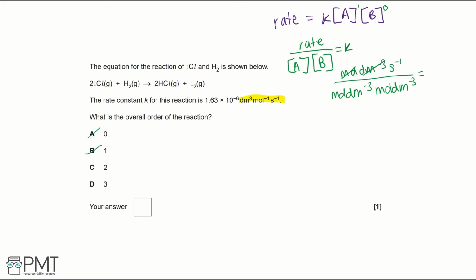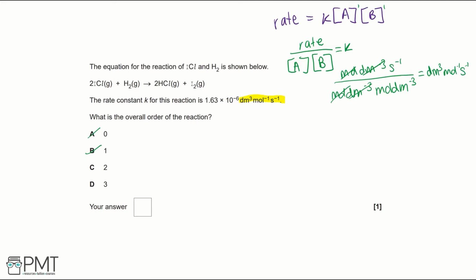For the sake of this example, let's say that both are first order, and so our overall reaction is going to be second order. And then we cancel out one of our concentration units, but the other one we can't cancel out. And that's going to result in decimeters cubed moles to the -1 and seconds to the -1.